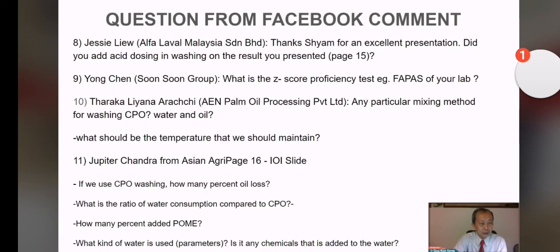We take the question from Agri, page 16, slide. If you use CPO washing, how many percent oil loss? What is the ratio of water consumed to CPO? How much percent is added to pomade, and what kind of water is used? I'm sorry, I can't see the question at the bottom.